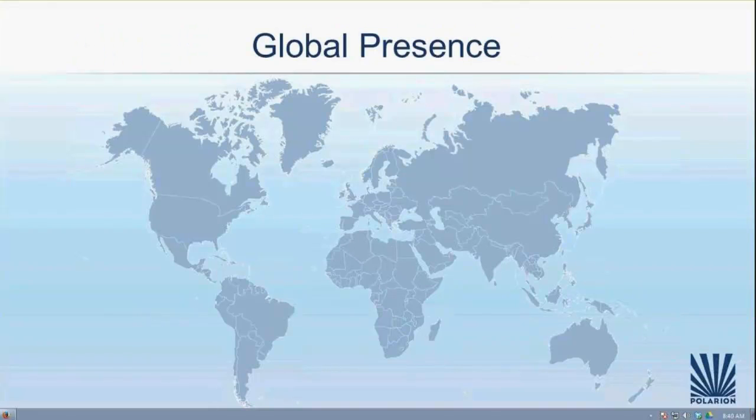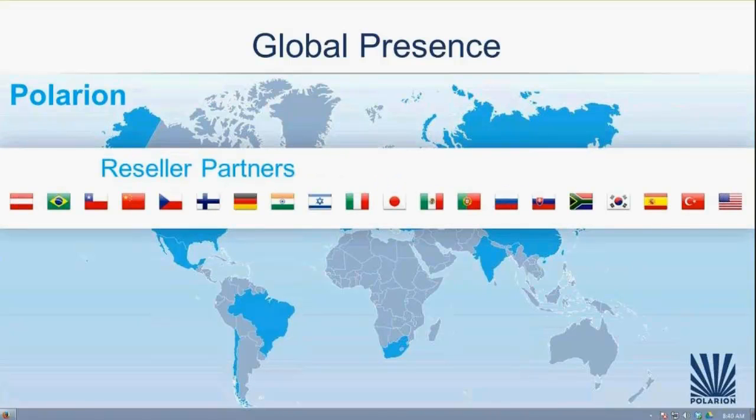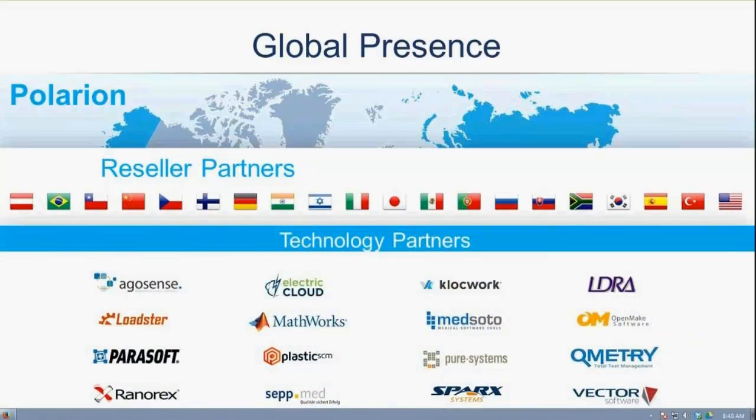Polarian does have a large global presence. Between ourselves, our partners, and our customers, we are present on 6 out of 7 continents in the world. We have reseller partners across the globe, and we work with a large number of technology partners to bring integrated solutions between their tools and ours.